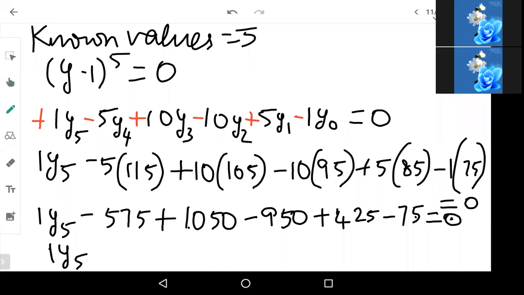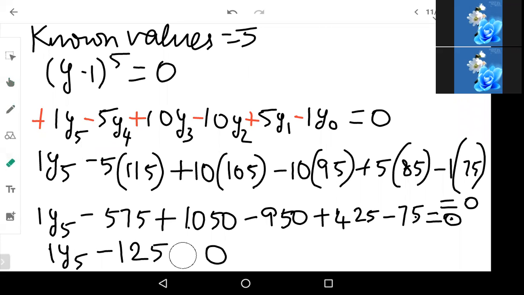Correct. See, don't get confused. Just type as it is in the calculator, minus 575 plus 1050 minus 950 plus 425 minus 75, and see if you get plus or minus. Sign is also important. So you'll get minus 125 is equal to 0.